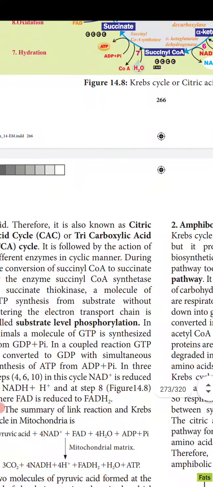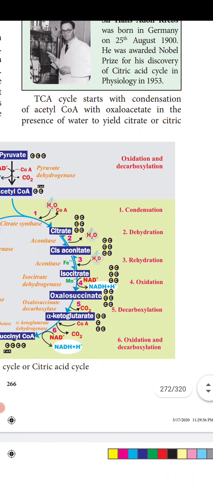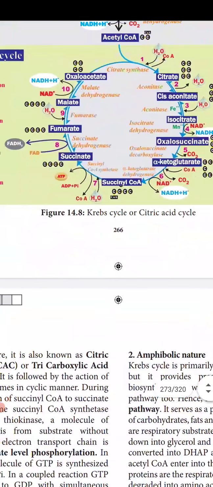Next we are going to study... here we have already studied that the TCA cycle starts with condensation of acetyl coenzyme A and oxaloacetate in the presence of water to yield citrate or citric acid.